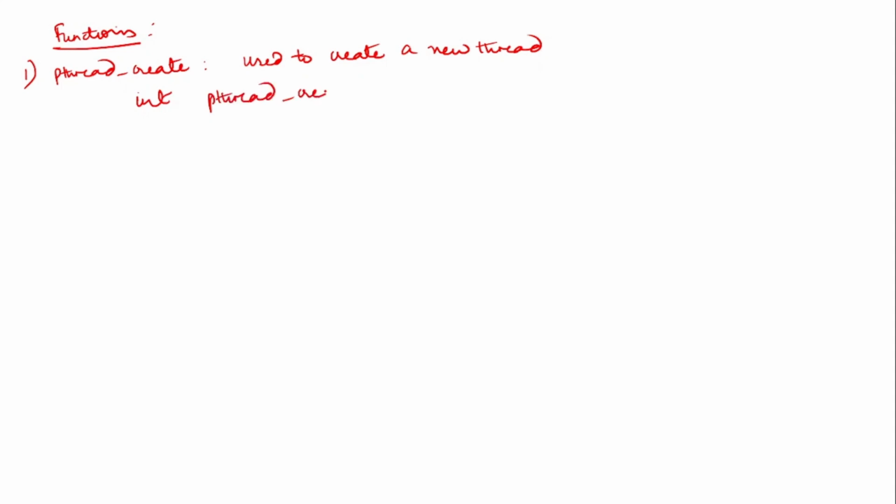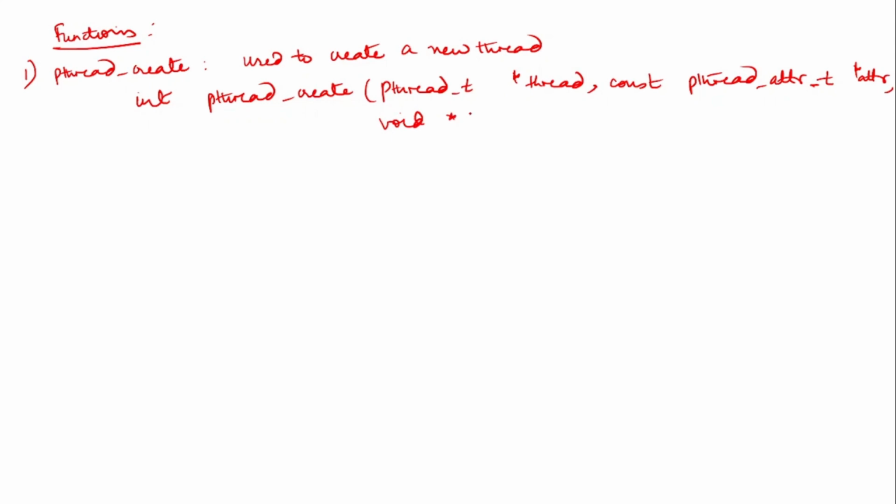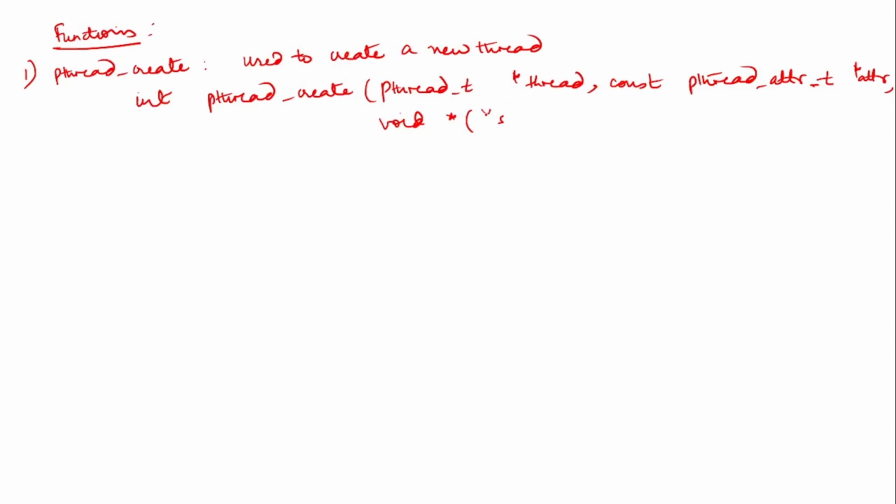pthread_create. In the parameters we pass pthread_t thread pointer, const pthread_attr_t attr pointer, then void star start routine, and void star arg.